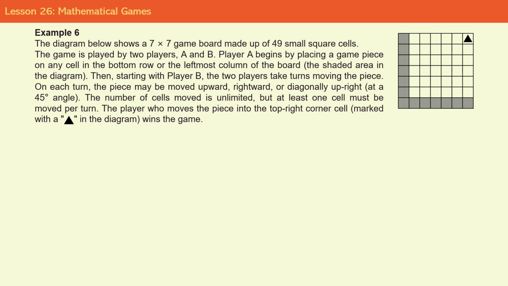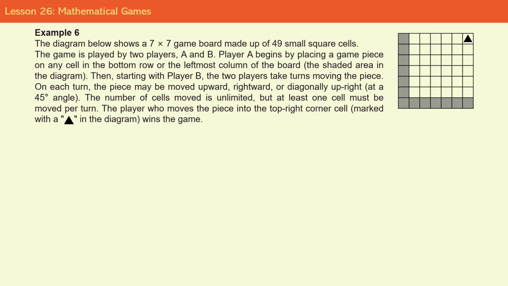Example 6. The diagram below shows a 7x7 game board made up of 49 small square cells. The game is played by 2 players, A and B. Player A begins by placing a game piece on any cell in the bottom row or the leftmost column of the board, which is the shaded area in the diagram. Then, starting with player B, the 2 players take turns moving the piece.